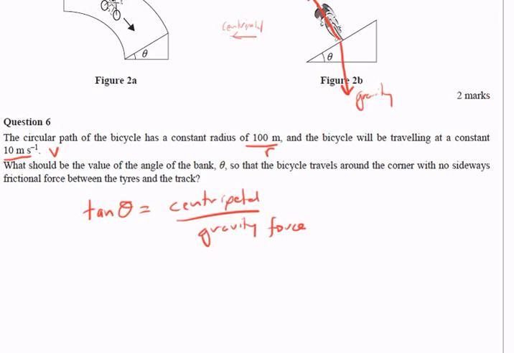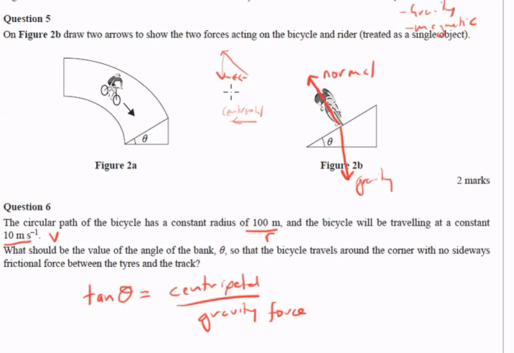And the reason I have that is because of this triangle here. There's our normal force. Here's our gravity force down here, and this one here is the centripetal. So if this is mg, gravity, and this is centripetal, we can work out the angle, and theta ends up being this angle up here.